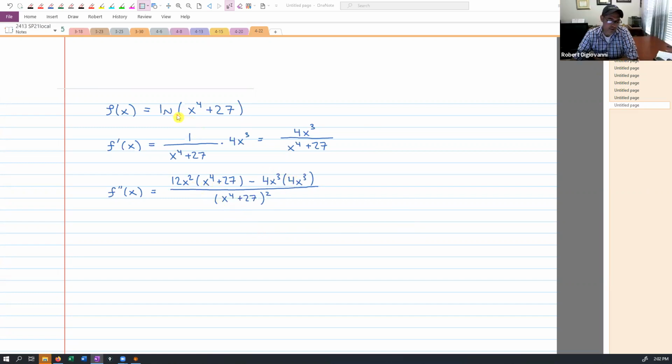So derivative of natural log of something is 1 over it times the derivative of what's inside. That's chain rule. Slide that on top. There's my first derivative. Second derivative, I got to run quotient rule. So derivative of top times bottom minus derivative of the bottom times top over the bottom squared. Okay, clean this up.